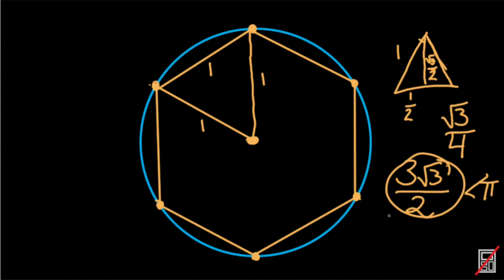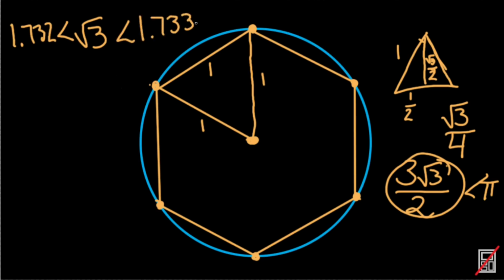Now, like I said, we'll be using an approximation for root 3 just to condense this video, make sure it's not too long. So we won't assume, but we will use the fact that root 3 is between 1.732 and 1.733.